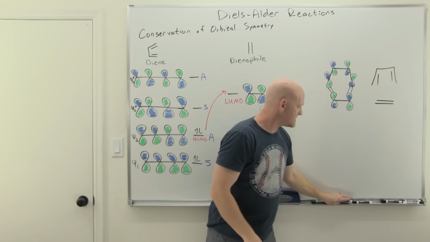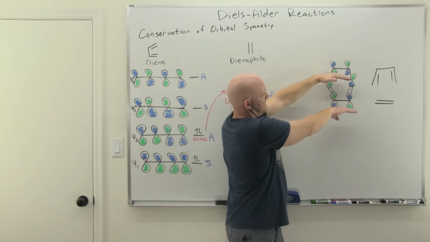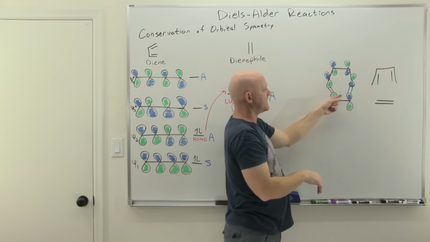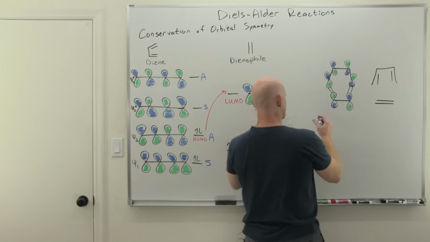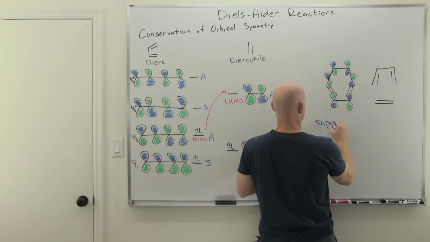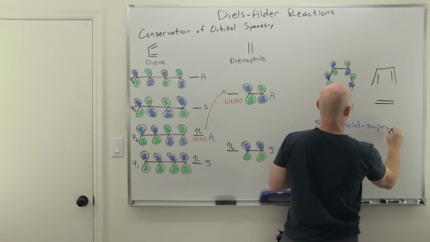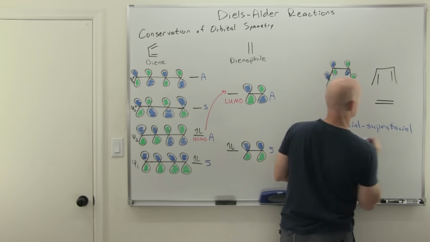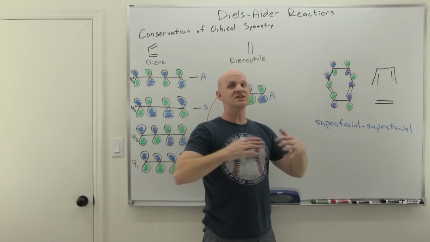And it turns out when the bottom side of one molecular orbital is meeting up with the top side of the other molecular orbital on both sides, we refer to it as suprafacial. We'll allude to this later when we get to the lesson on cycloadditions in general.